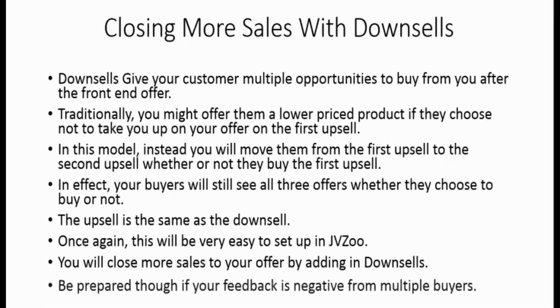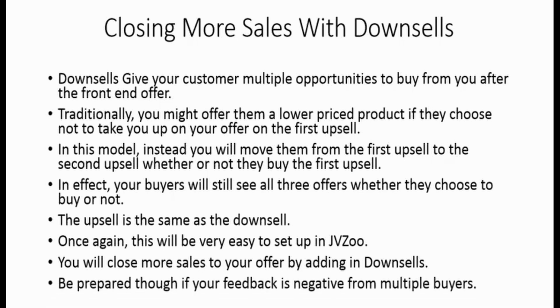Now, one thing about this, you may have to be prepared if your feedback is negative from multiple buyers. So in other words, you may get a lot of negative feedback if buyers have to go through that process 3 times. So you'll have to really monitor and really determine if a third upsell or a second upsell, downsell is something that you want to do and want to do continually.